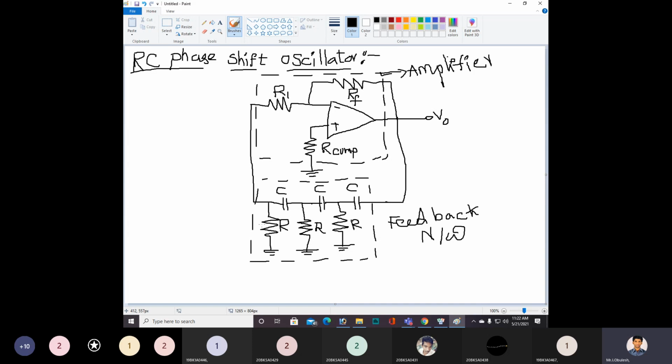Coming to the derivation for frequency of oscillations, we need to do the derivation.